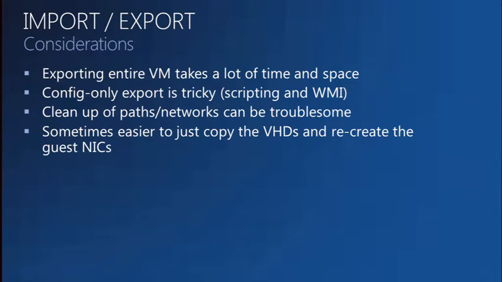So you actually have to go in and hand clean up your XML if you want to do that import on the other side. So in general, 9 times out of 10, it's going to be easier to just copy the VHDs without the XML and just recreate the VM on the other side.